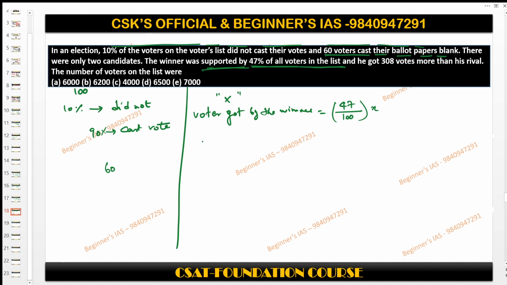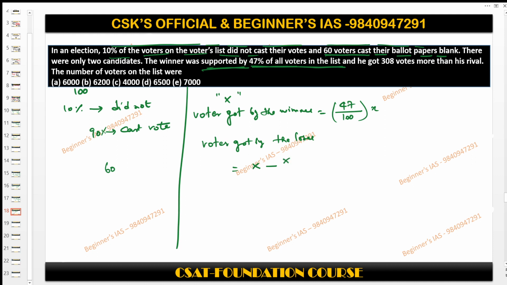Now, what is the number of votes got by the loser, or the rival? Total number of votes is X minus 10% of X, because 10% of the people do not cast their vote.